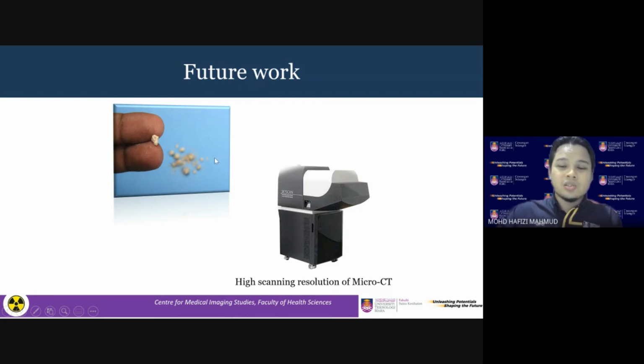Actually, there is also a recent study on micro-CT, but we tried to use our sample, at least the Malaysian sample, to look at how the component of the kidney stone can be mapped using micro-CT imaging.